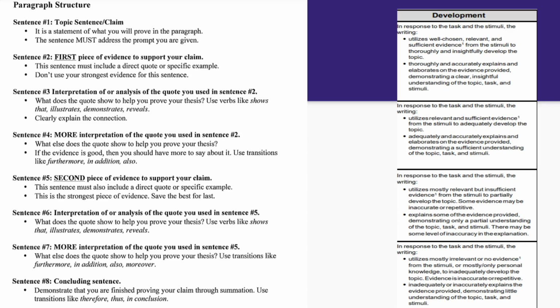Then you're going to give me a second piece of evidence, and then you're going to give me your analysis of that second piece of evidence. What does it show? What does it prove? And then you're going to give me your second interpretation, and then you're going to conclude it, or you're going to transition. Okay?